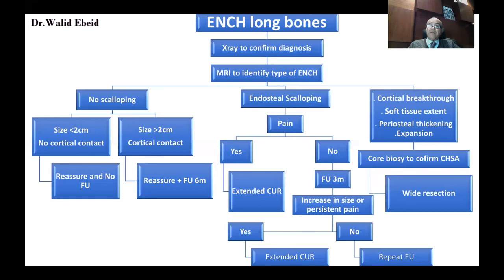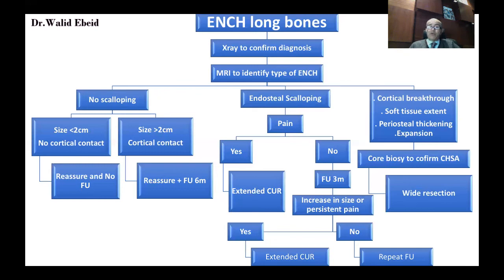But if it's a painless lesion, in spite of the endosteal scalloping, we do a follow-up MRI after 3 months. If there is persistent pain or an increase in size or both, then we do an extended curettage.